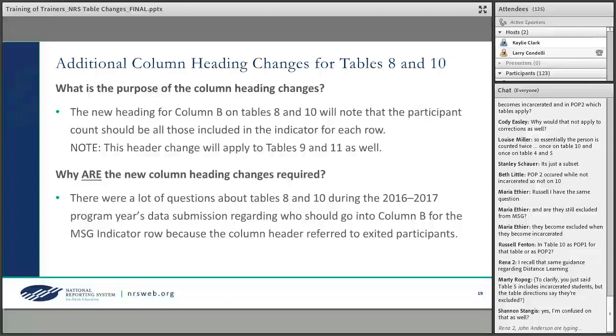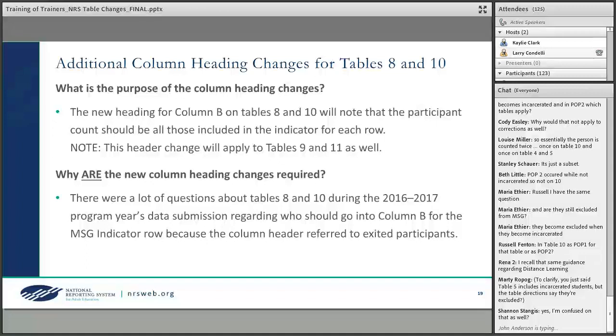If we start adding in data to Table 10 that includes outcomes for when that student was not incarcerated, we're not getting a focused, laser look on the outcomes in a correctional education setting under Section 225 of the law.